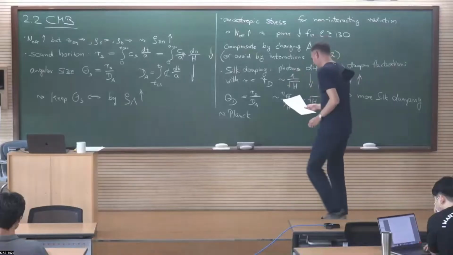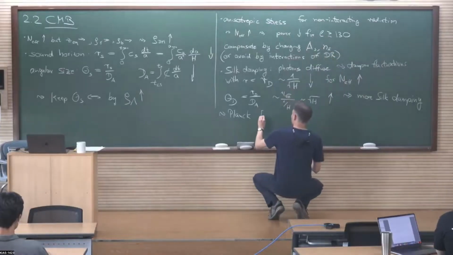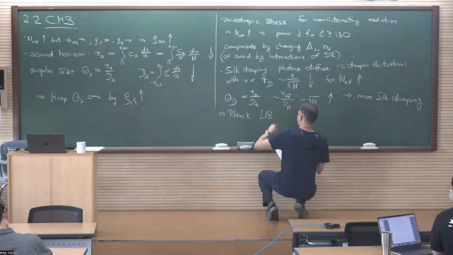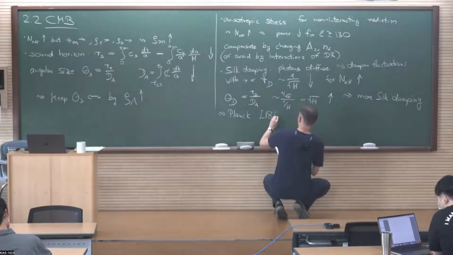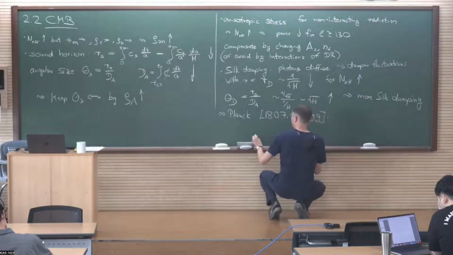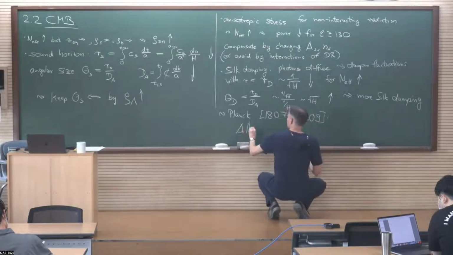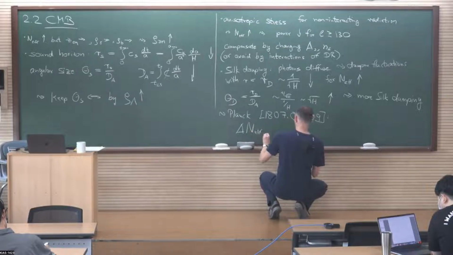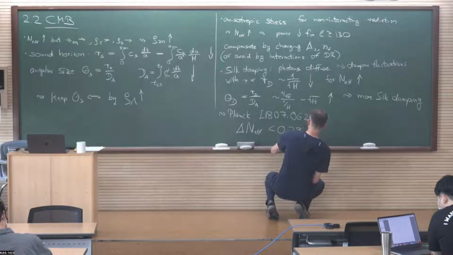Okay, and then let me cite the result from Planck, from the famous last paper on cosmological results. I already have it somewhere. And that's delta N effective is less than 0.29 at 95%.